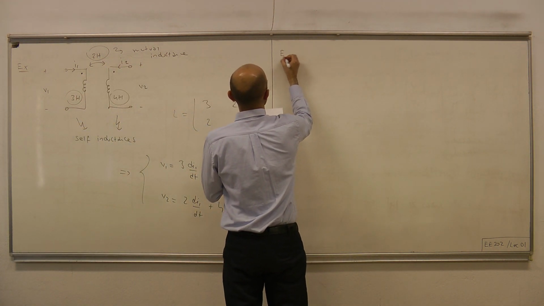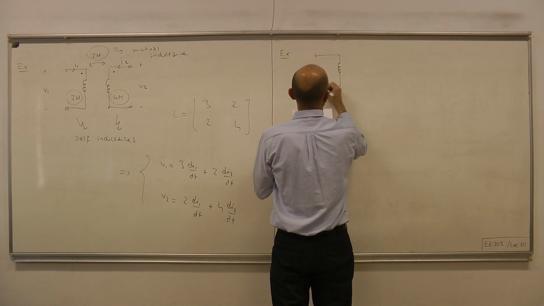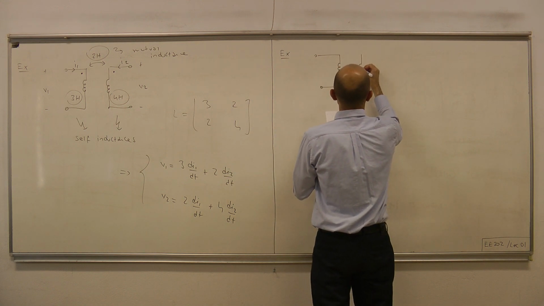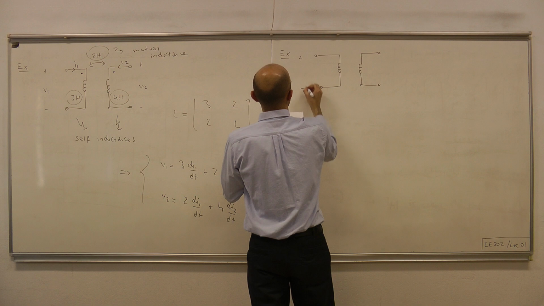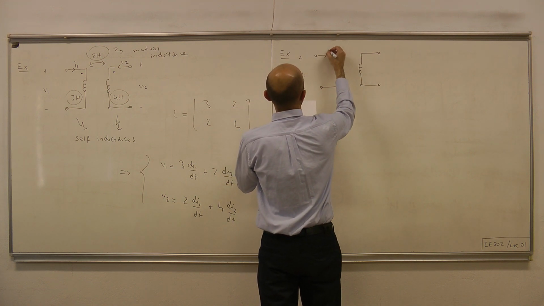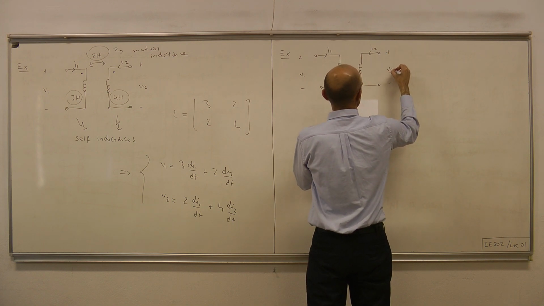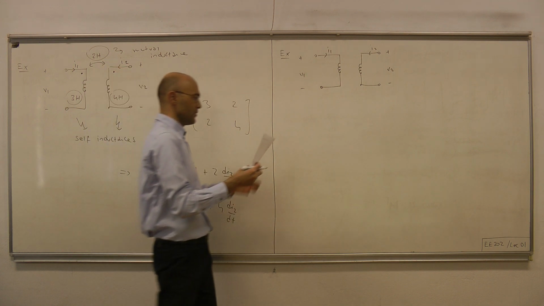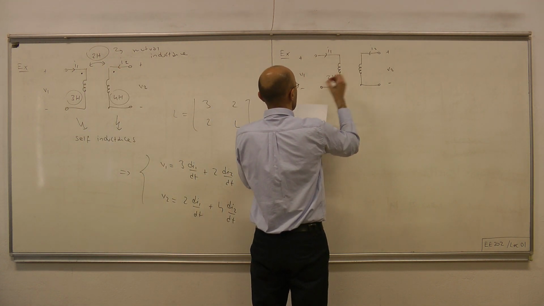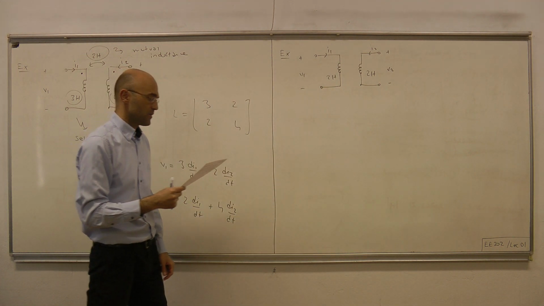Okay, example. Plus minus V1, I1, I2, plus minus V2, always obeying passive sign convention. 2 Henry, 2 Henry, they are the self-inductances.